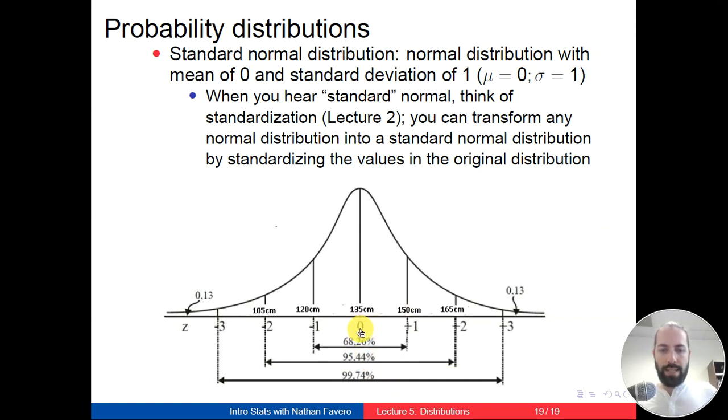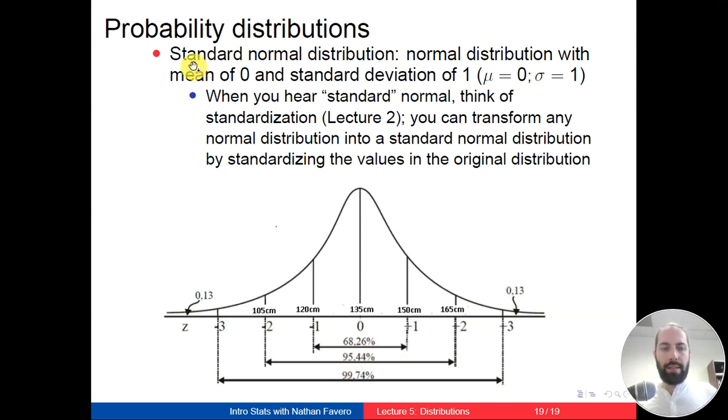But we can see that this bottom row, which is labeled Z, gives us the standard normal distribution, right? In other words, the mean is 0 and the standard deviation is 1. So going up 1 standard deviation above the mean gives us a value of 1. 2 standard deviations above the mean gives us a value of 2. 2 standard deviations below the mean gives us a value of -2.